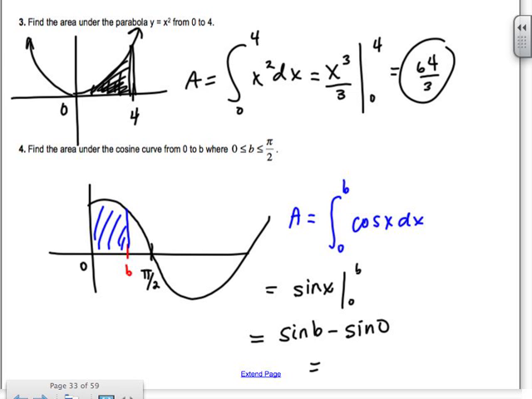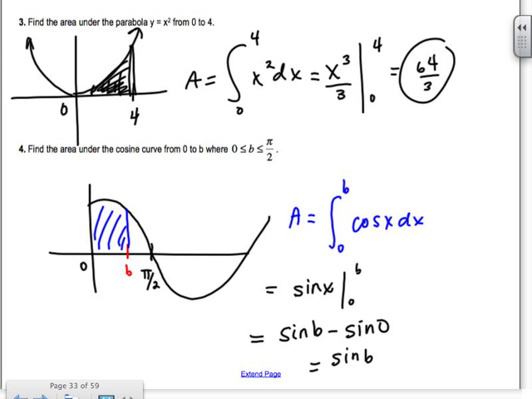It goes away. So be careful, because there was one like this on a multiple choice question one year, and a lot of people missed it because they assumed it was cosine of 0 for that problem. And they were like, oh, cosine of 0 is 0. Be careful. When you plug 0 in, it's not always 0, right? So if it had been cosine of 0, you would mean 1. Okay, so sine of b would be your answer.